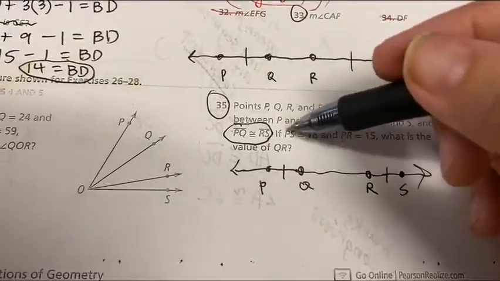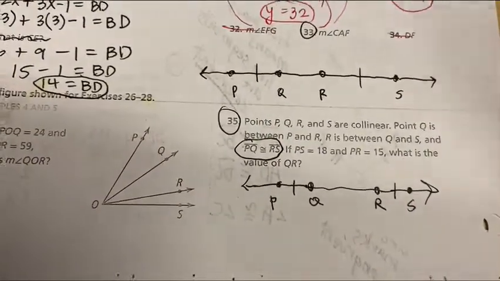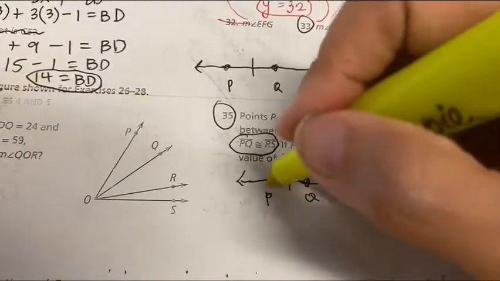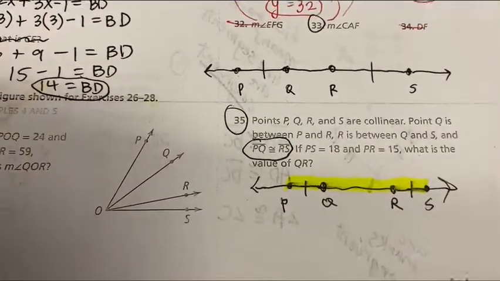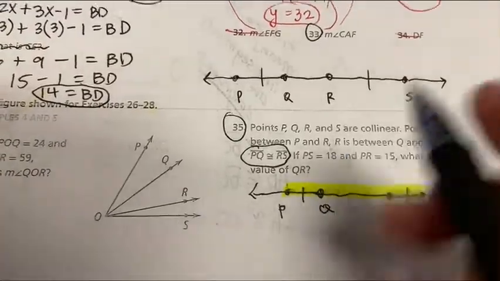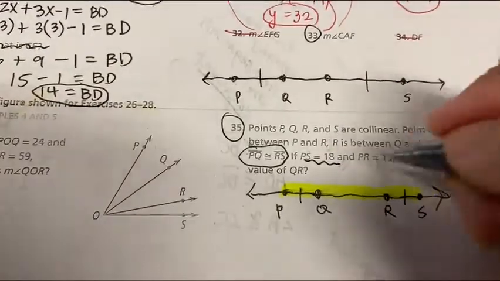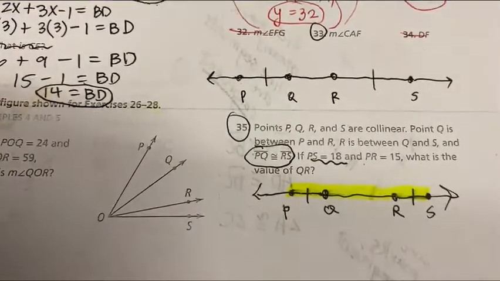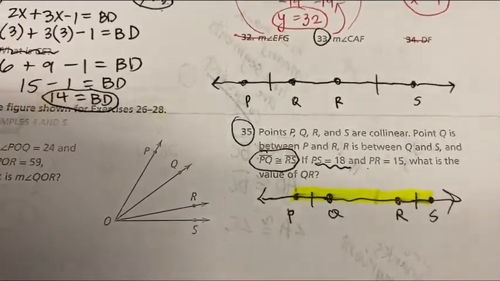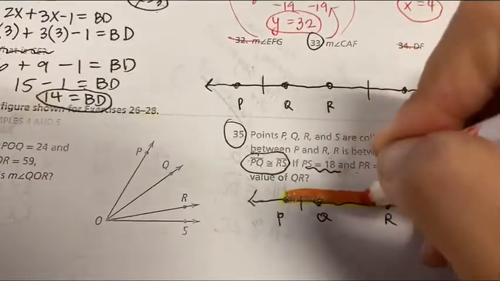Now they're saying if PS is 18, so if this whole thing is 18, so that's 3 segments here. If the whole thing is 18, and PR is 15. PR is 15. So this thing is 15.